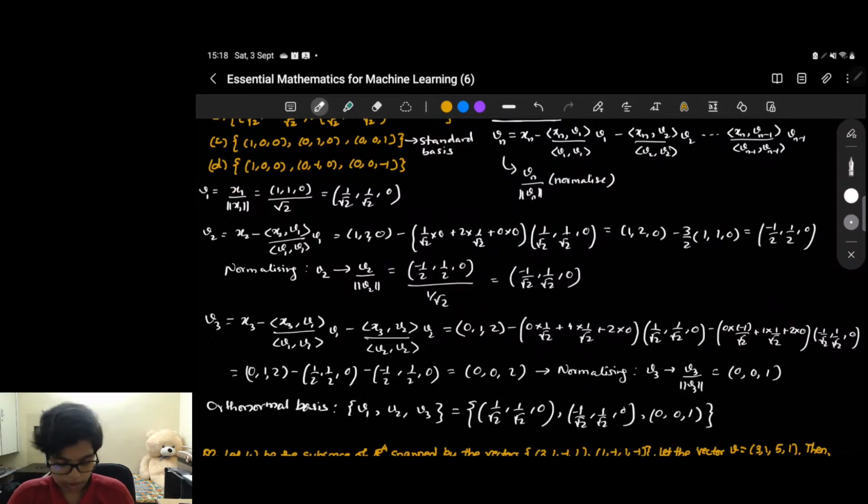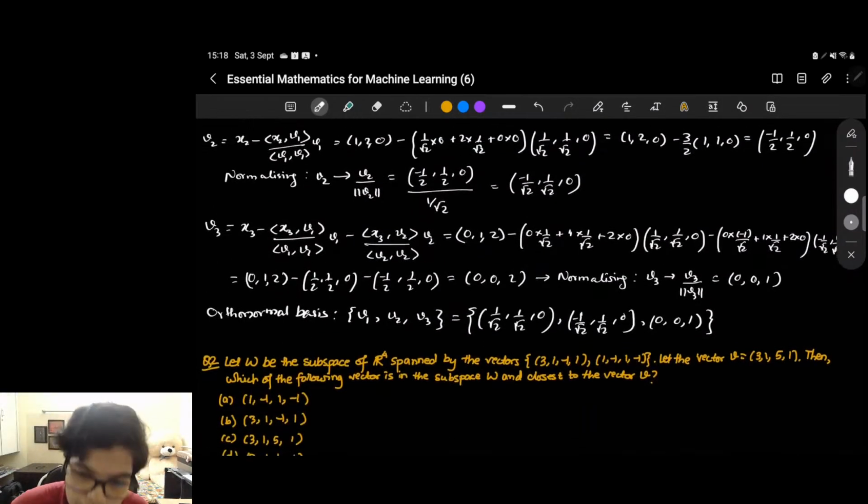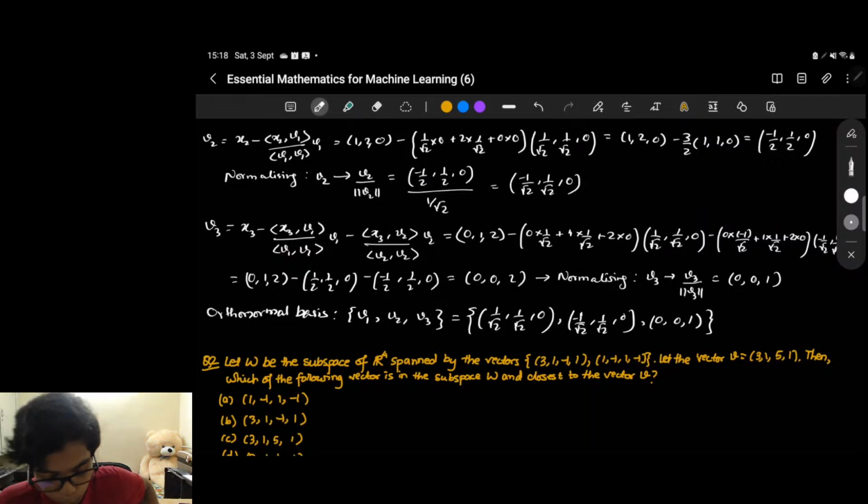So this is how to use the Gram-Schmidt orthonormalization process. And with this, you can basically obtain an orthogonal basis starting from a basis which need not be orthogonal.